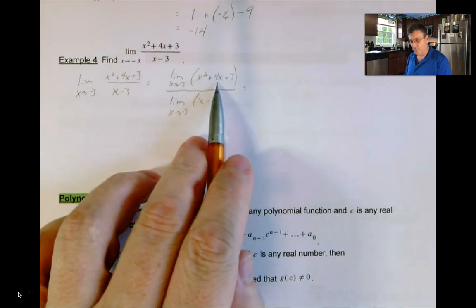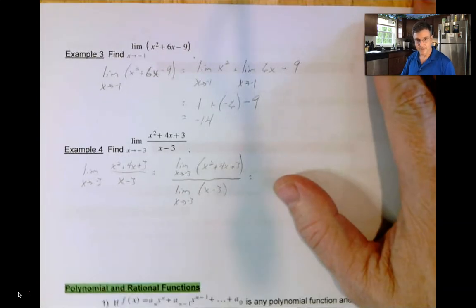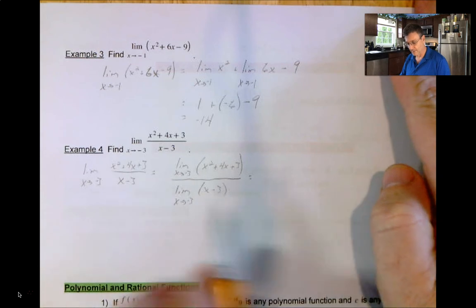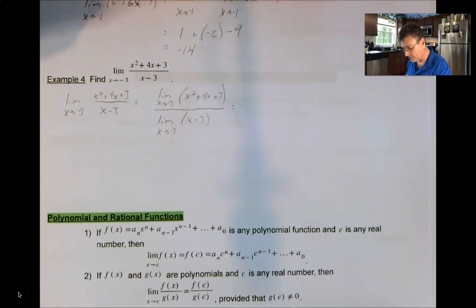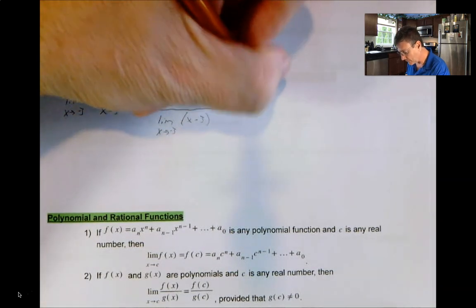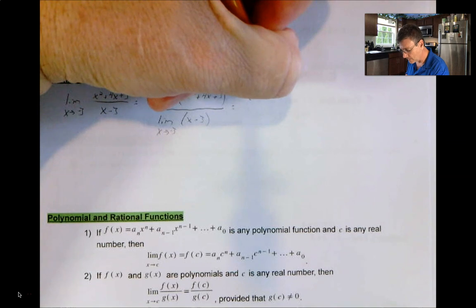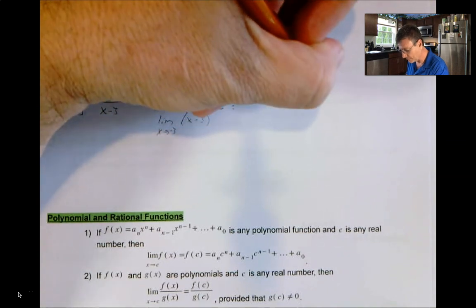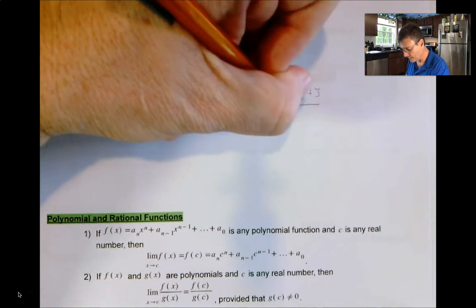I can break the numerator up just like I did in example 3. I'm not going to take the time to actually write out each and every single limit, but in reality that's what's happening. But I'm going to write negative 3 squared, doing the direct substitution now, plus 4 times negative 3, plus 3, over negative 3 minus 3.